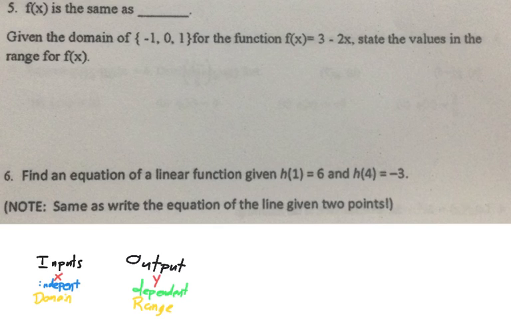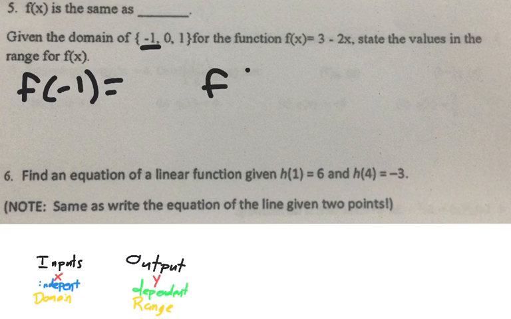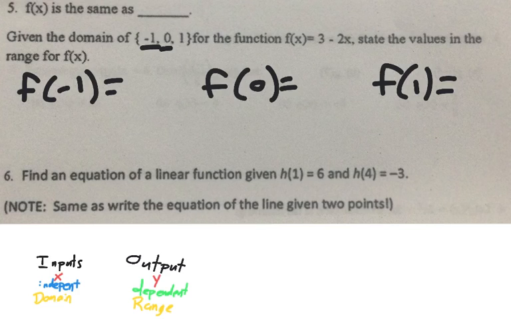So what would happen if I plugged in -1 to this function, because -1 is an input? And what would happen if I plugged in 0, because 0 is an input? And what would happen if I plugged in 1, because 1 is an input? So they've given me my 3 inputs, and they put them in a fancy little brace. That brace really doesn't mean much of anything. It's just the way we talk about domain and range.